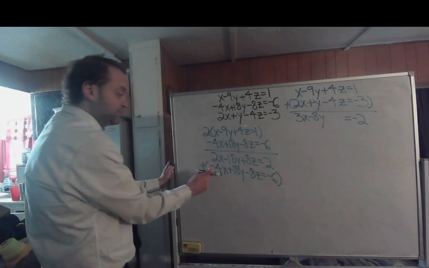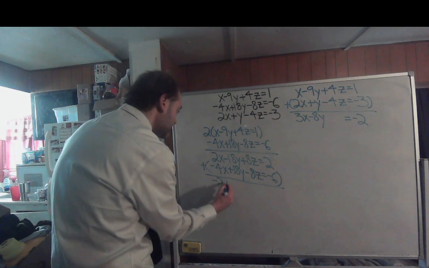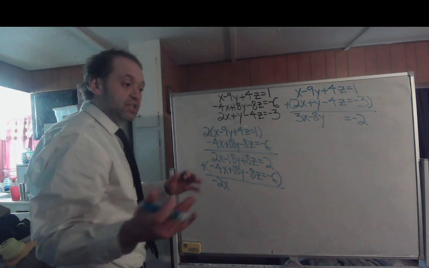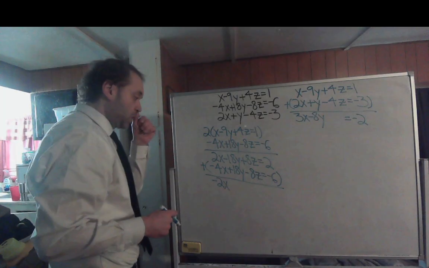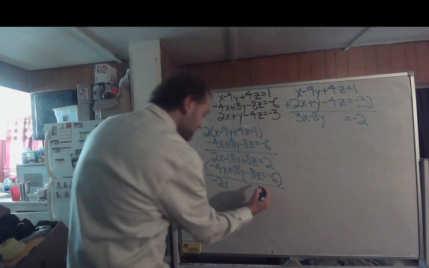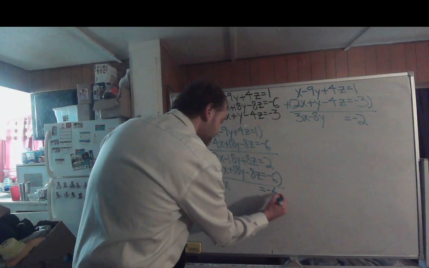Well, 2x minus 4x, that's going to end up giving me negative 2x. Negative 18y plus 18y, that goes to 0. We actually eliminated the y variable again also. And then 8z minus 8z, we eliminated z on top of that. So negative 2x would equal 2 minus 6, which is negative 4.